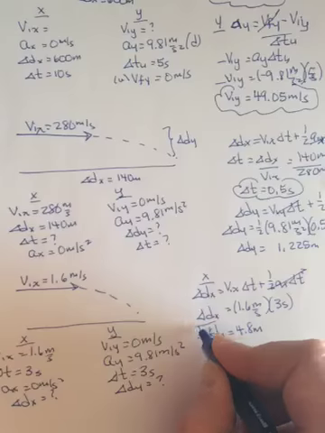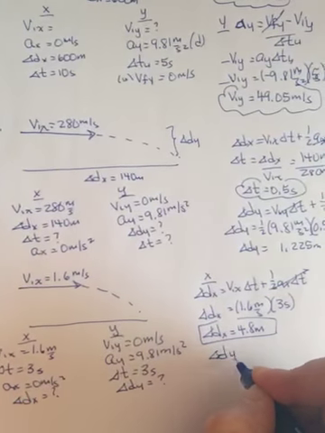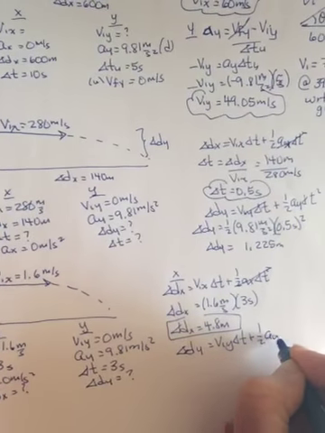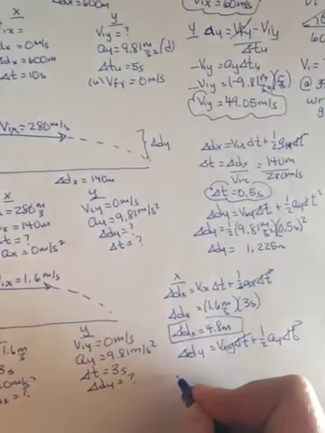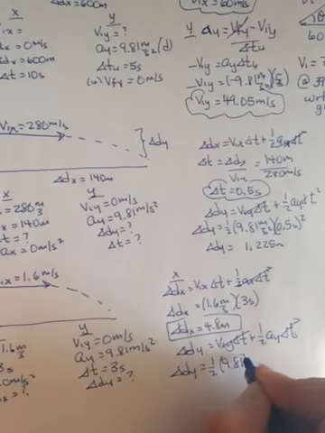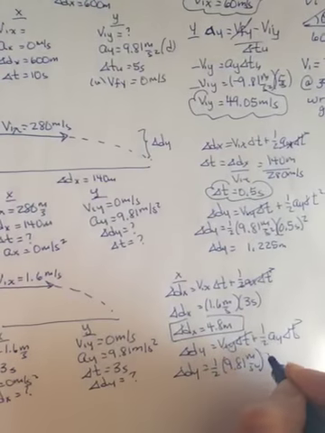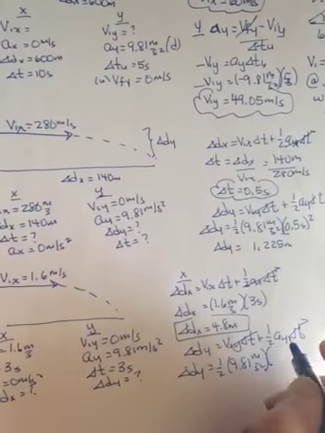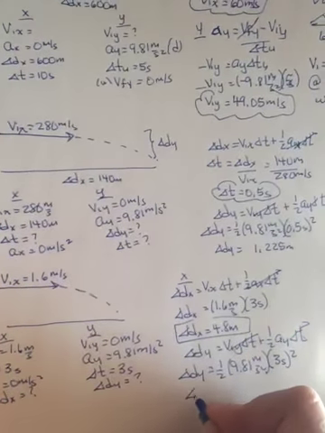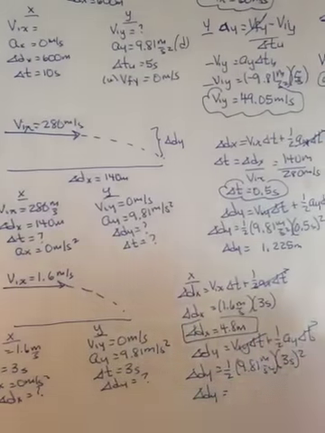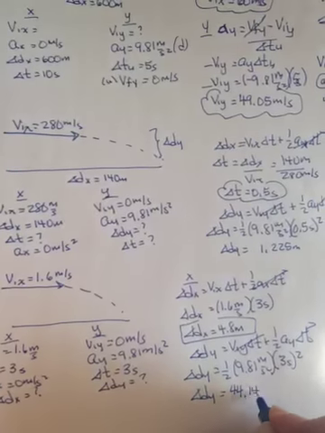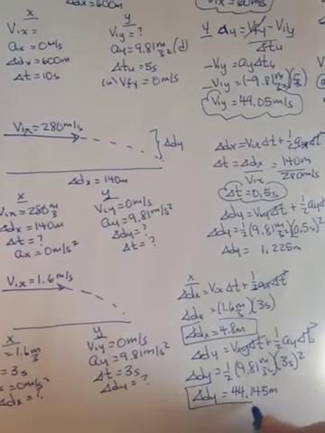Delta dy is equal to viy delta t plus 1/2 ay delta t squared. This term goes to 0. Don't have to rearrange again. 1/2 times 9.81 meters per second squared times 3 seconds squared. I thought I had crossed both terms out there for a second. And when you do this, 44.145 meters, and you are done.